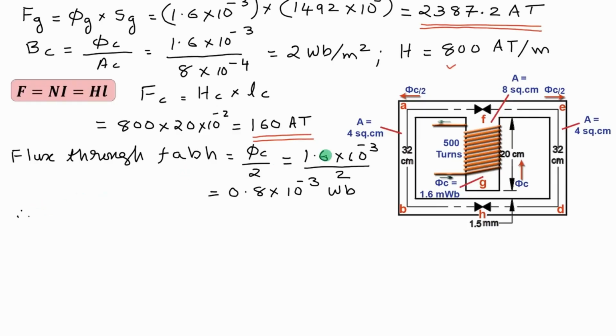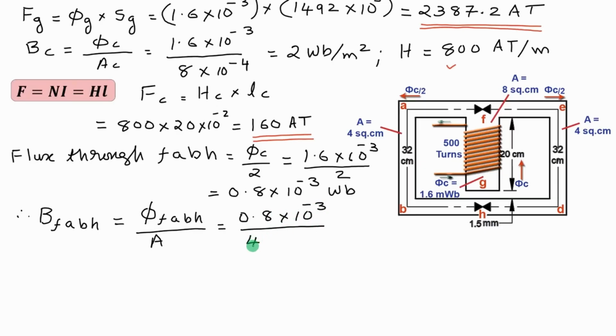Therefore, flux density through the path FABH is equal to flux divided by area of cross section of the outer limb, that is equal to 0.8 into 10 raised to minus 3 divided by 4 into 10 raised to minus 4. This is equal to 2.0 Weber per meter square.